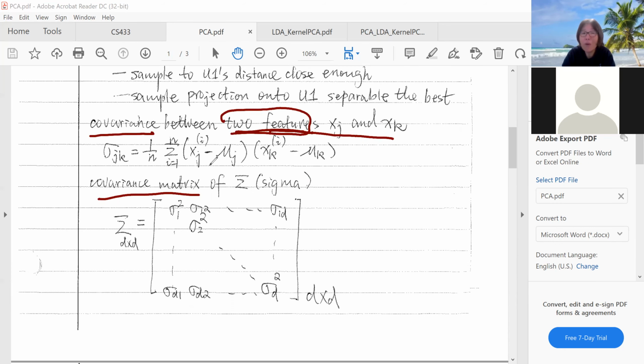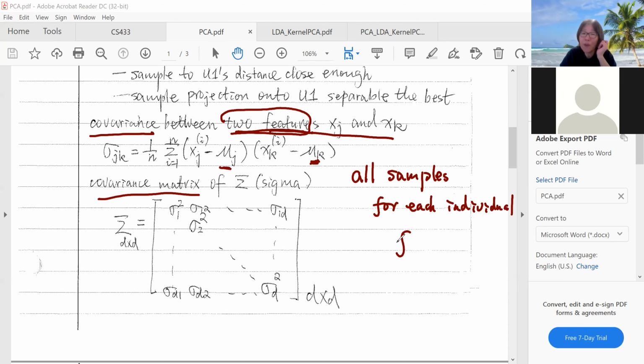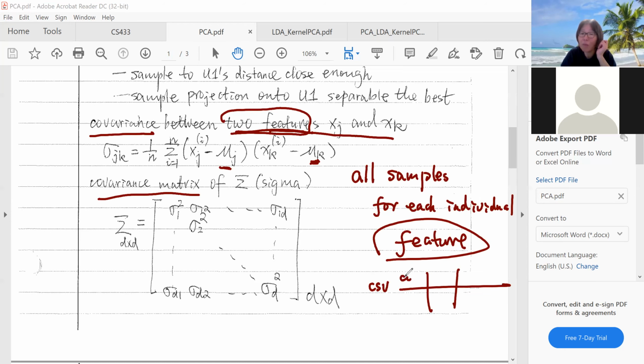So the covariance, then this is the mean, okay? The mean of the samples regarding some feature. Be careful, it's about all samples, then for each individual feature. The feature is in your CSV file, that's the column.